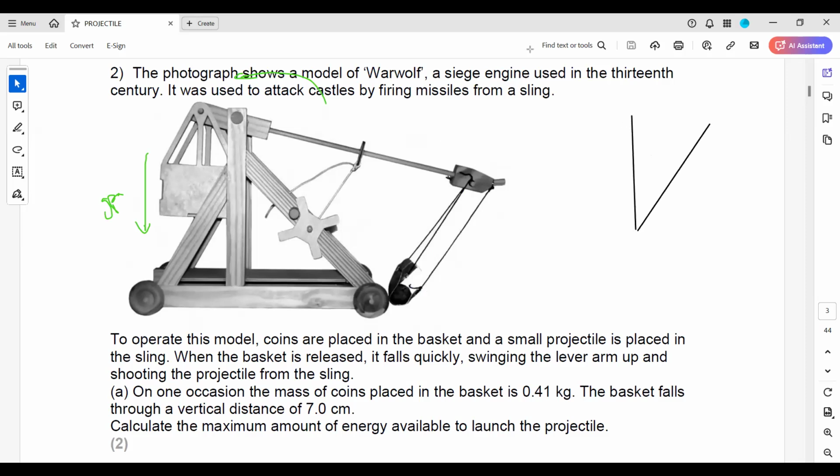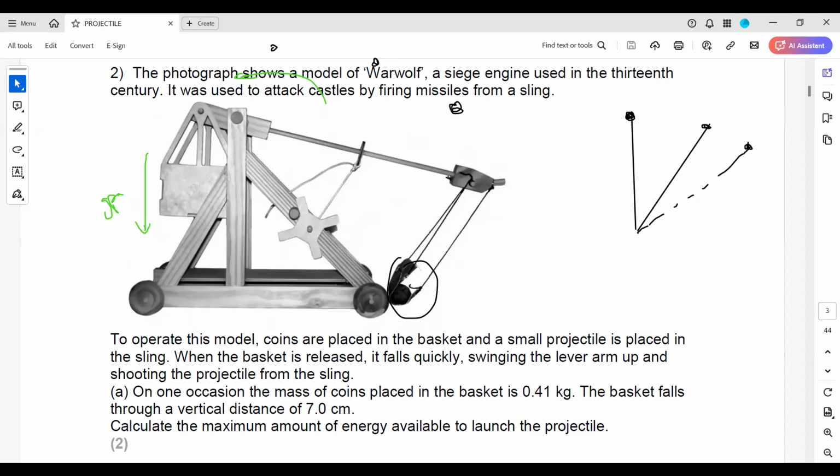Maybe it is launched at this point. If it is launched at different positions, the launching position of the projectile will also affect it. As it will move upward, maybe it is released from here, or maybe from here. So it will have different trajectories or paths, so the range will be different. So many possible answers are there for this one.